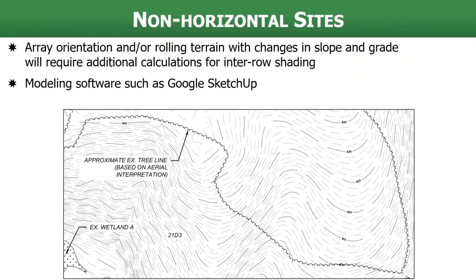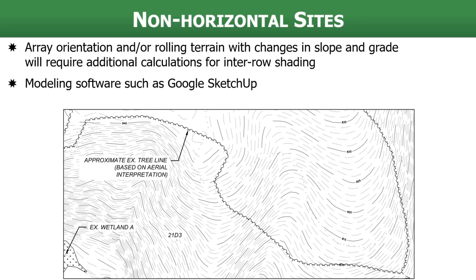And finally, I mentioned earlier the trouble if the ground is not flat or if it's a non-horizontal site. In addition to rolling terrain, having different array orientations can pose difficulties and will require additional calculations for inner row shading. We're not going to get into that in this class.